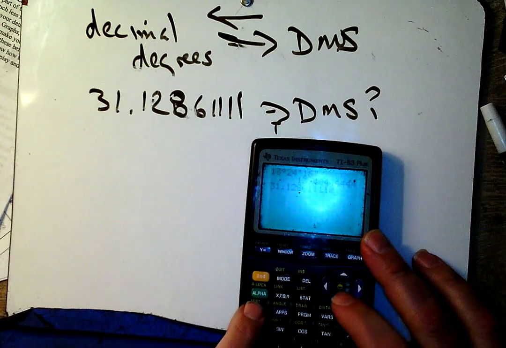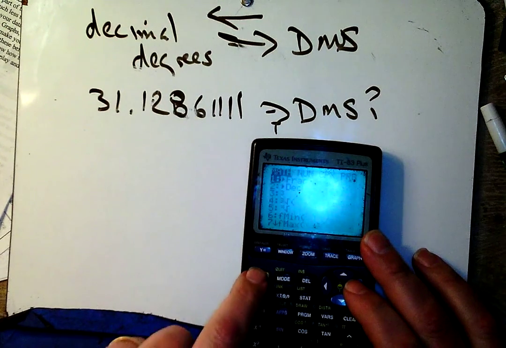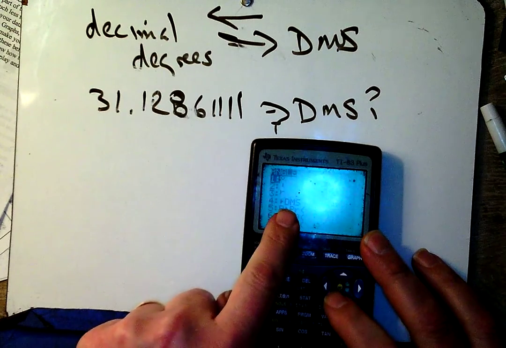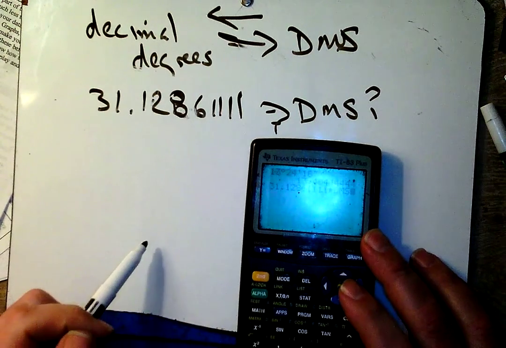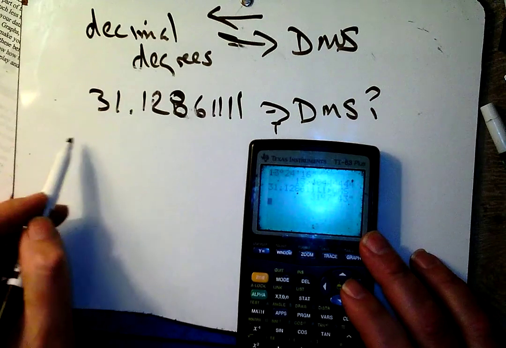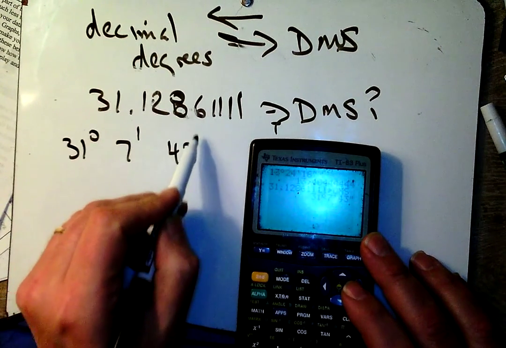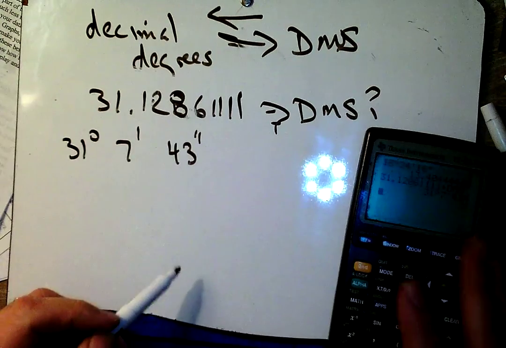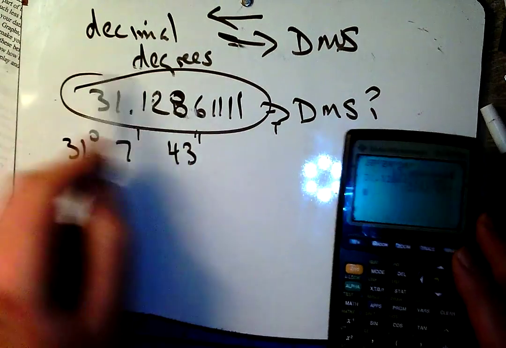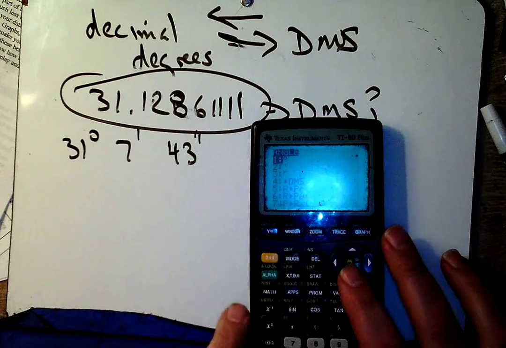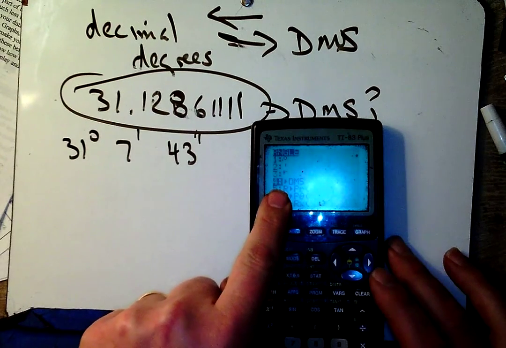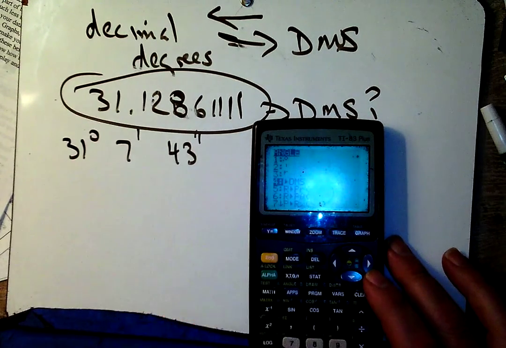And then you say math, angle. There it is. And it converts to 31 degrees, 7 minutes, 43 seconds. So what did we have to do? We typed this in, went over to angle, chose convert to DMS, hit enter, and hit enter again.